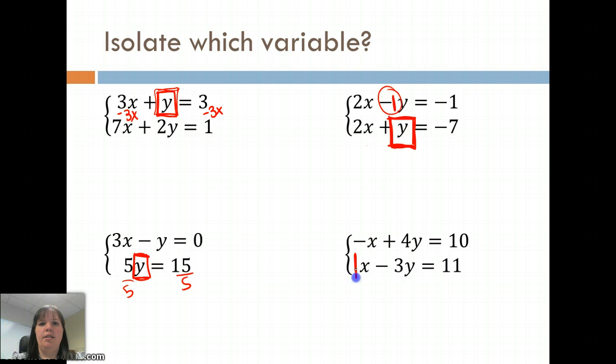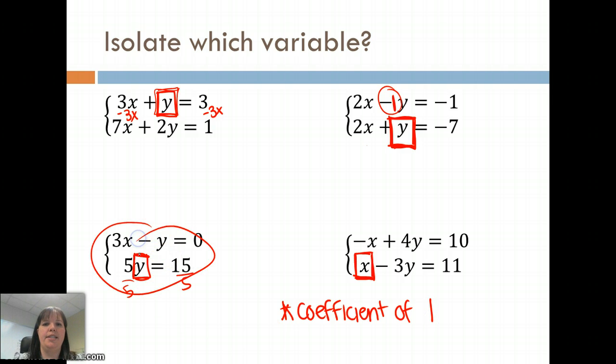And again, sometimes it's the y's, sometimes it's the x's. What do you notice about all the variables that I would choose as the easiest? That doesn't mean that's the one you have to choose, but for the easiest, you're looking for a coefficient of positive 1, or in this case, this was a one-step isolation.